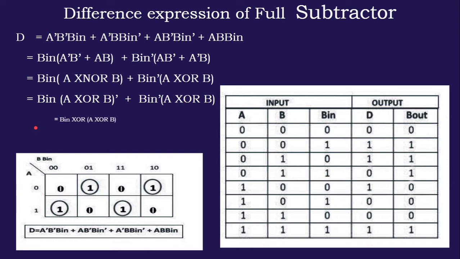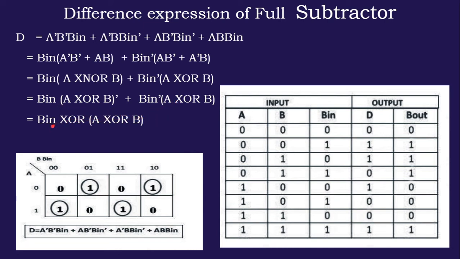Then this is equal to B in, A XOR B bar, plus B in bar, A XOR B. If you take this whole B in as x and this A XOR B as y, we can write x y bar plus x bar y, which is the XOR function of both terms.